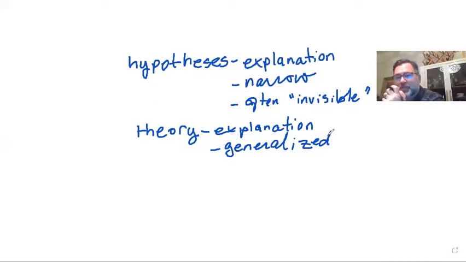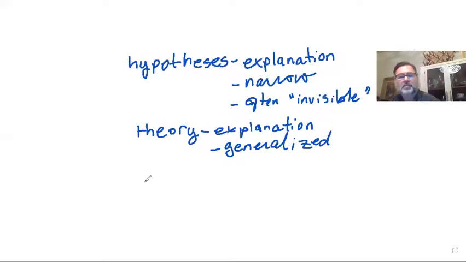So theories are very broad, whereas hypotheses are very narrow, right? It's not a matter of how well something is confirmed or not, or the evidence for something or not. That's a totally different thing. All right.